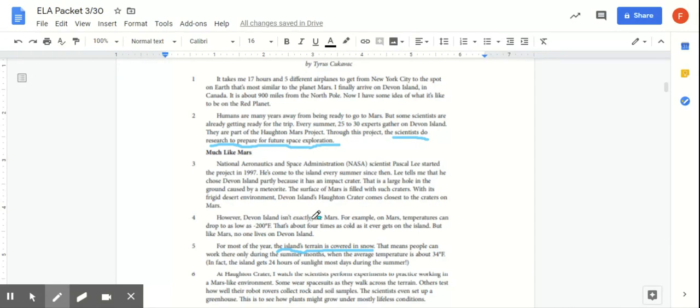If I go down to paragraph 6, I can see the line where it says, others test how well their robot rovers collect rock and soil samples.